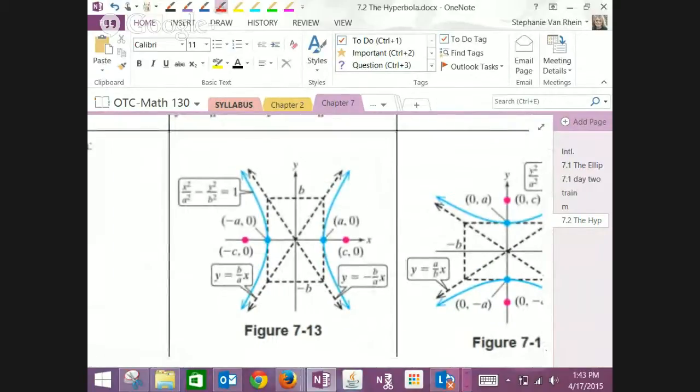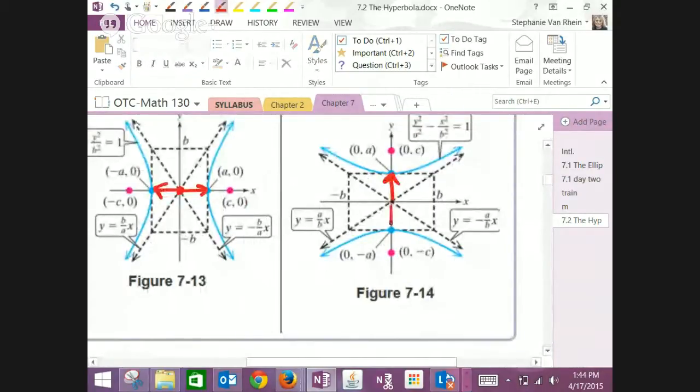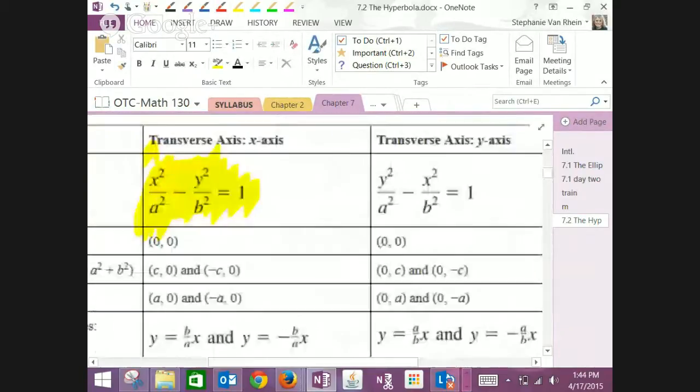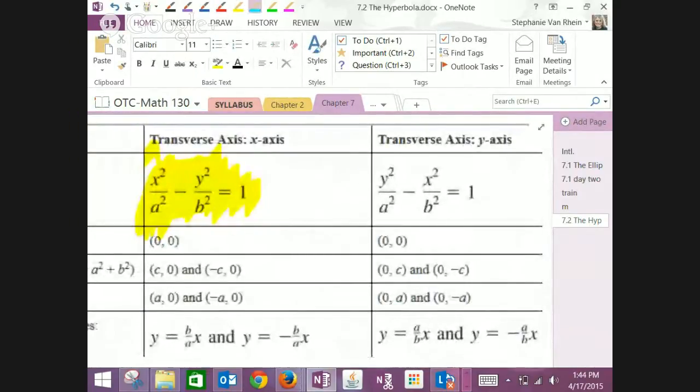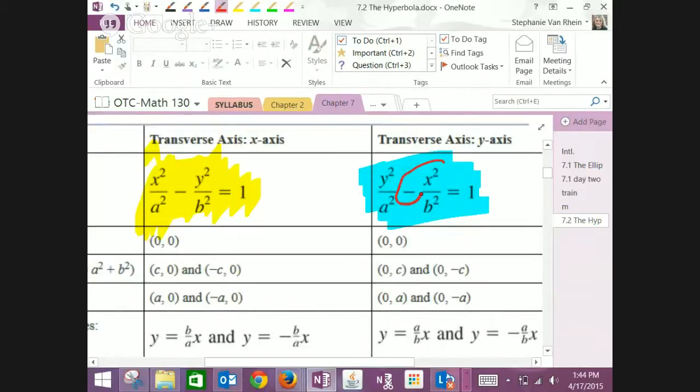We're going to have a center. And then from our center, A units from our center is going to be our vertex. Right? And it's always A here. And A is always under the positive coefficient in front of x or y. So looking back here, you can see that the x term is what's paired with the negative, and here it's the y term.